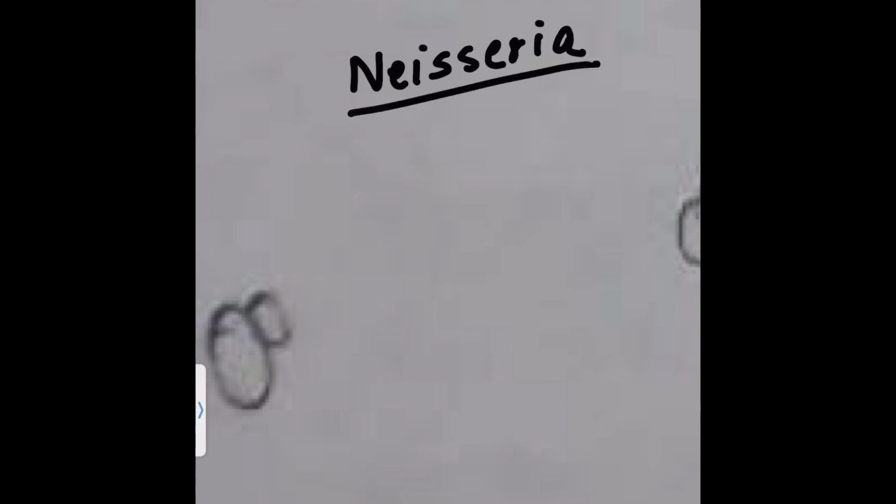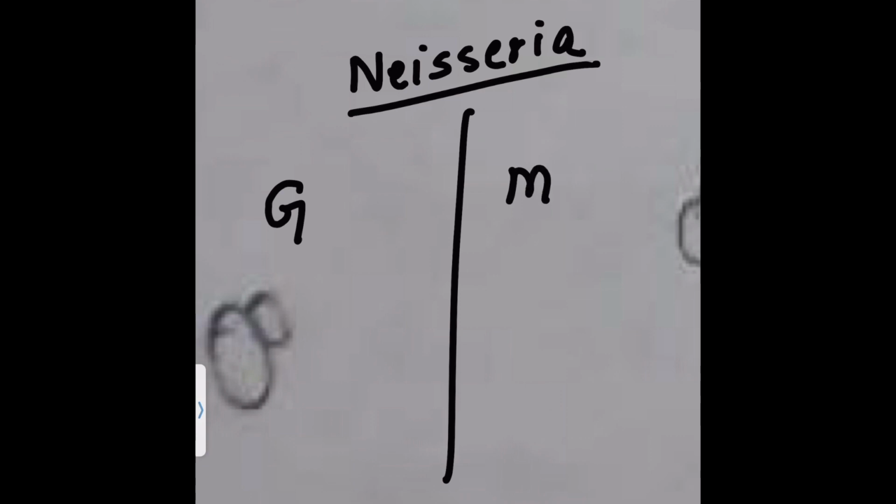Not nice in the sense that it is of two types. One is Neisseria gonorrhoeae, and another is Neisseria meningitidis. Mainly, there are lots of species, but we'll just focus on these two types of Neisseria. They are gram-negative organisms, gram-negative cocci.